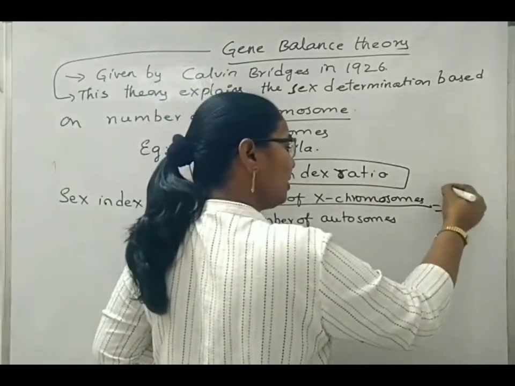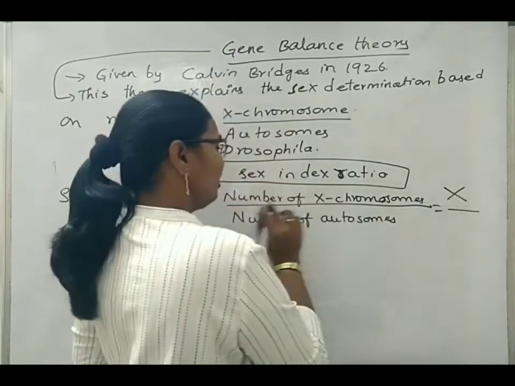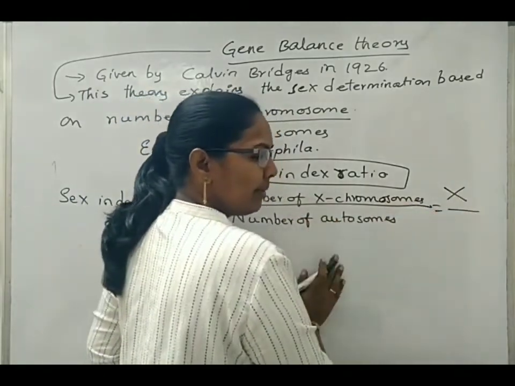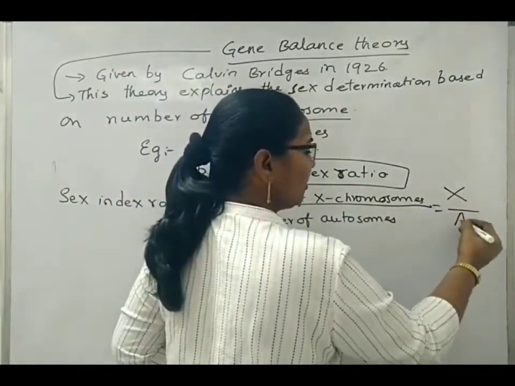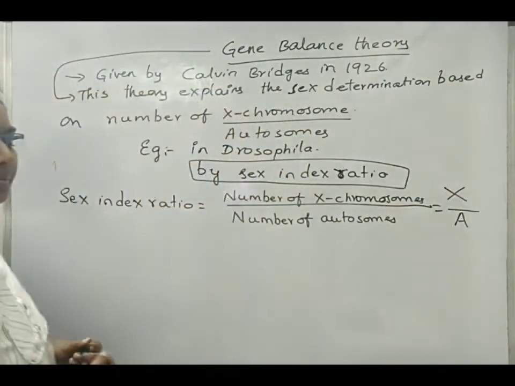Number of X chromosomes is represented with alphabet X and number of autosomes is represented with capital A.